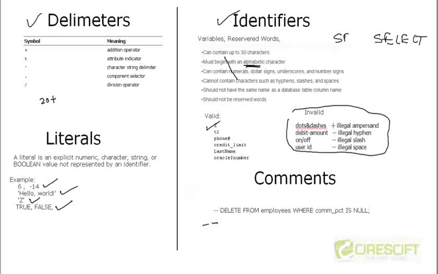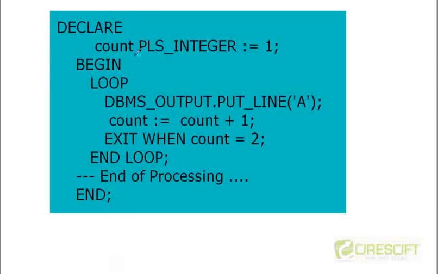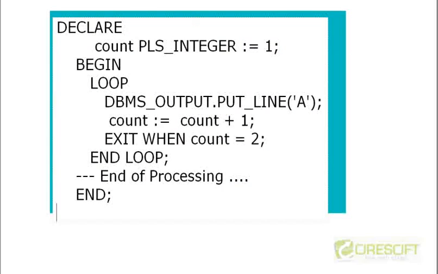Now let's take an example of PL/SQL code. This is the PL/SQL code, and let's try to find out what the lexical units are. DECLARE is an identifier, a keyword or reserved word. Count is a variable, and also an identifier. PLS_INTEGER is also an identifier, and then this is a delimiter.